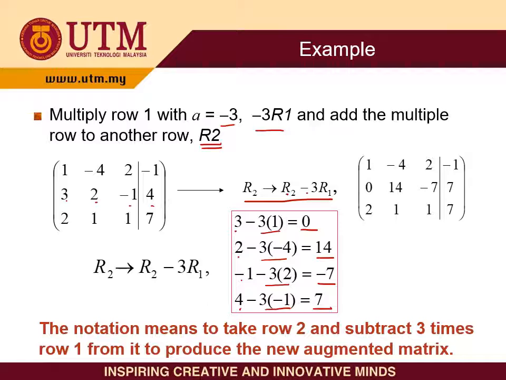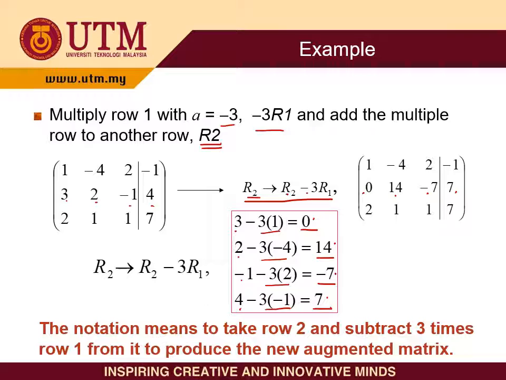This replaces the first one, row 2, entry by entry, because here row 2 is based on row 2 minus 3R1. So this is row 2 minus 3R1 equals what?